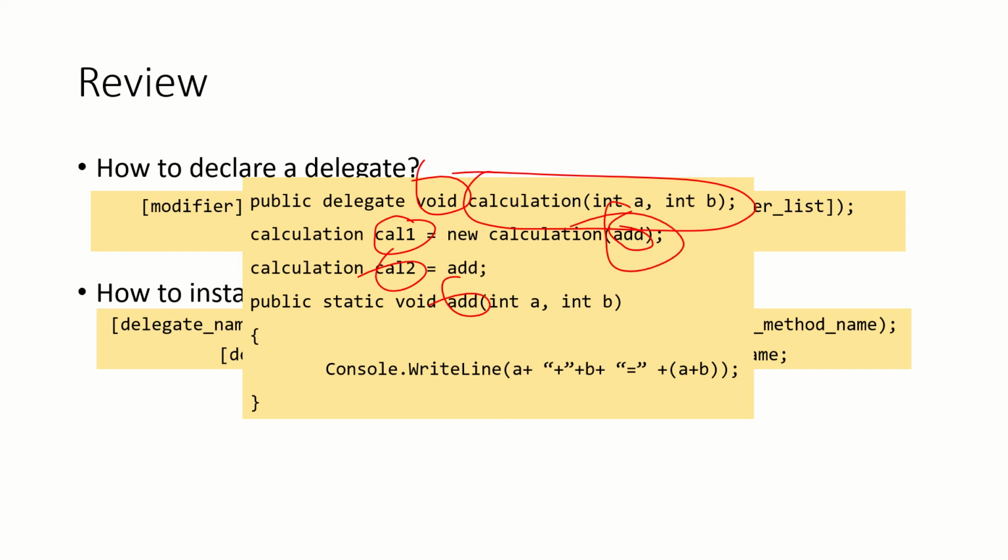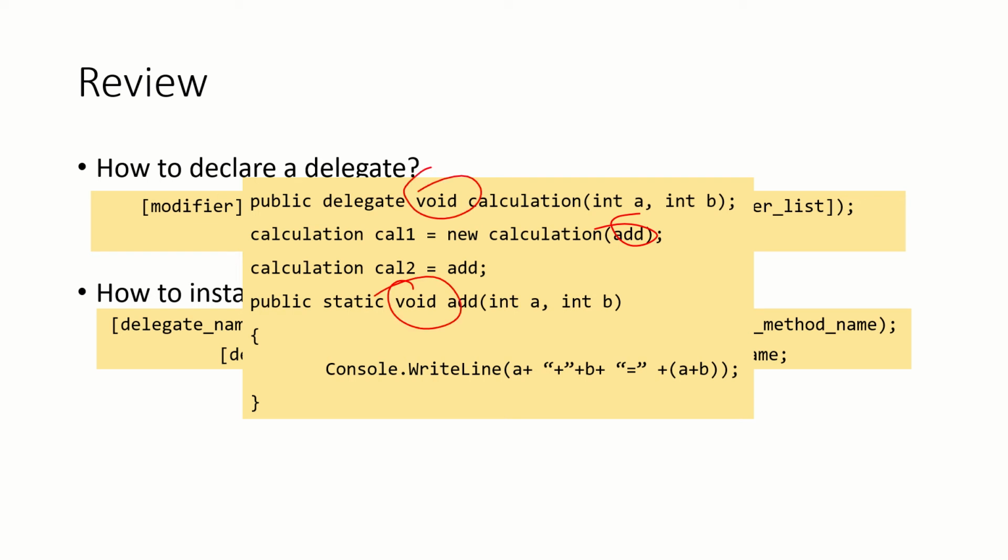You should be aware that this method has to match the delegate you declared: first, it returns nothing; second, their signatures all take two integers, integer A, integer B, which matches the definition of the delegate. So you can directly put add in there.